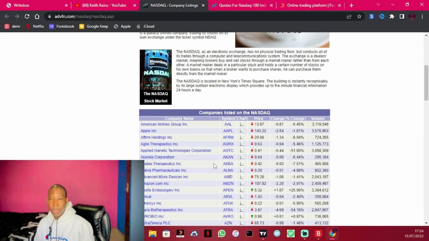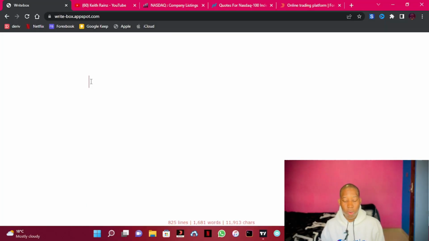Now that I've defined what NASDAQ is and what the NASDAQ 100 is, how can you trade NASDAQ? Before I continue, on some brokers you're going to find it written as NAS100. On some brokers it will be written as NASDAQ, just like that.